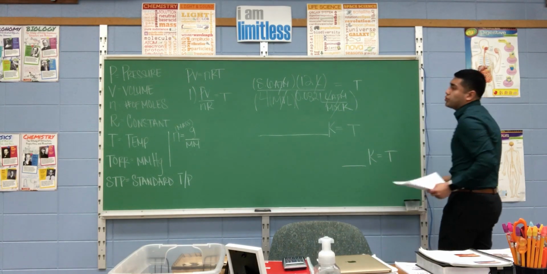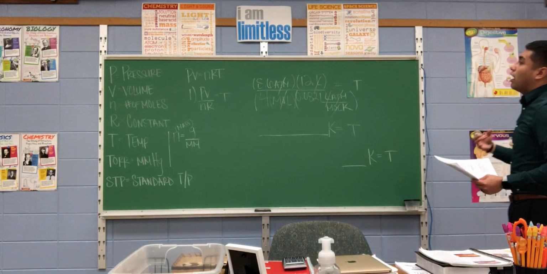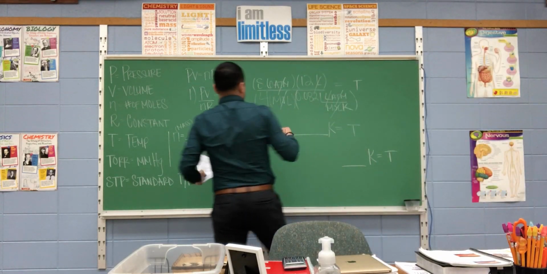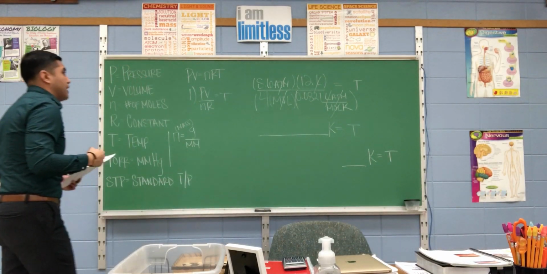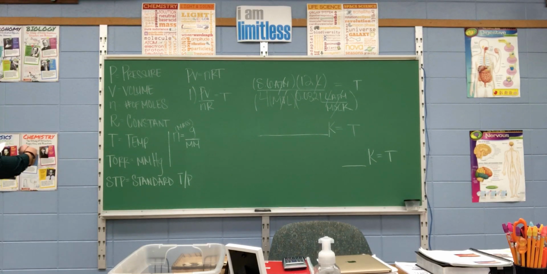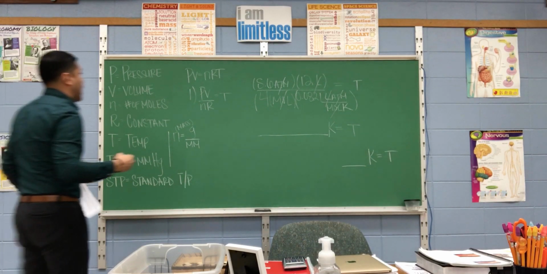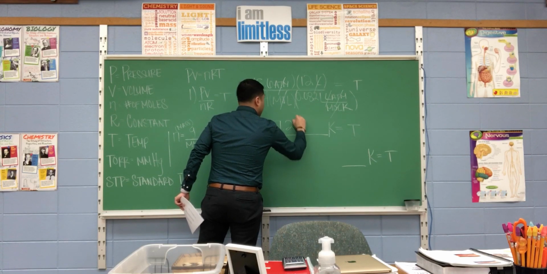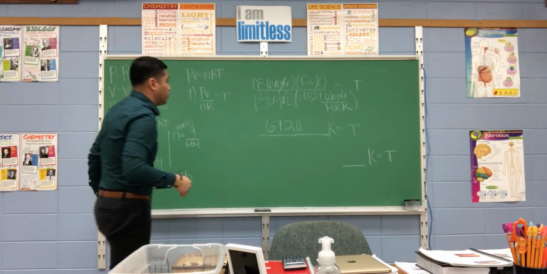So then what you're going to do is multiply across the top first and then the bottom. 5.6 times 12 at the top, and then you're going to do 5 times 0.0821 at the bottom. So at the top, we're going to have 67.20. Remember, you cancel your units out, so you don't have to worry about that.